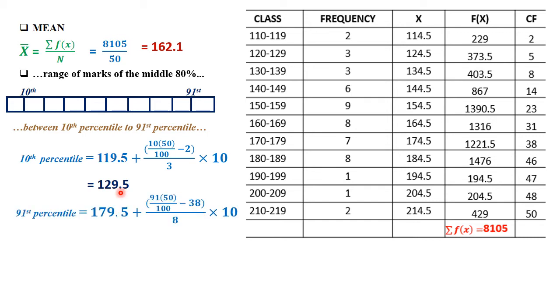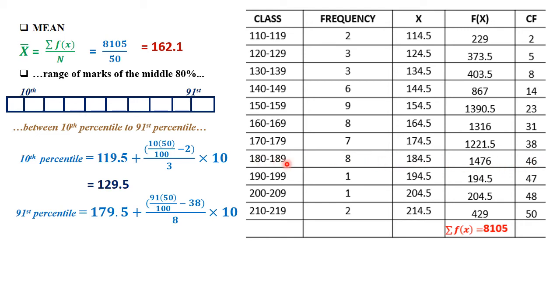The 91st percentile will be given by this again, because we have 91 over 100 times 50, which gives us the 91st percentile class, which will be, what was it? I think 45.5. Yes, 45.5. And where is that? It is about here. So the class is this class here.